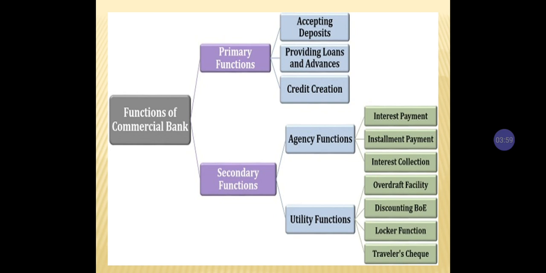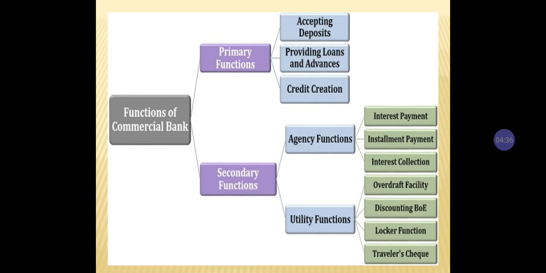When I buy a mobile phone, the monthly installment is paid directly through the bank. Then interest payment is where the bank will be charging some charges for your messages, or for withdrawal of money, overdraft or loans. Then interest collection, where we collect the interest.